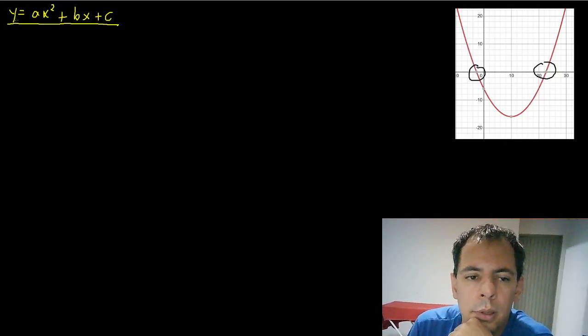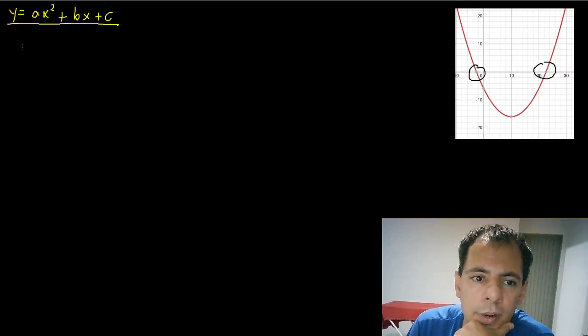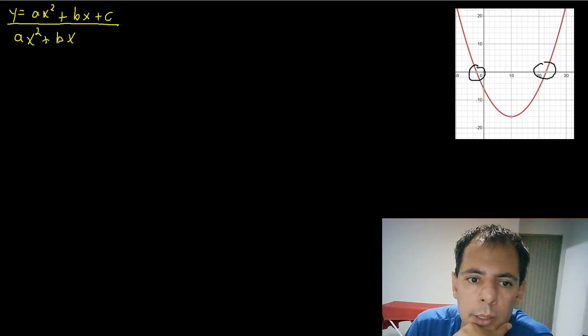And the zeros are the values of x for which this function is going to be 0, for which y is going to be 0, okay? So to find the zeros, you have to equate y to 0. So ax squared plus bx plus c equals 0.